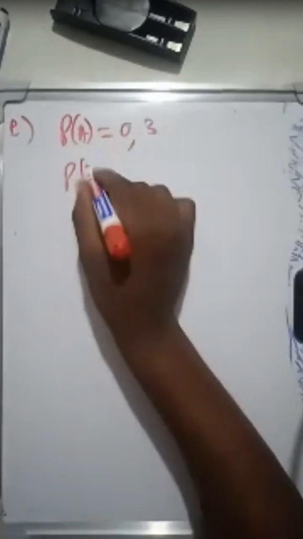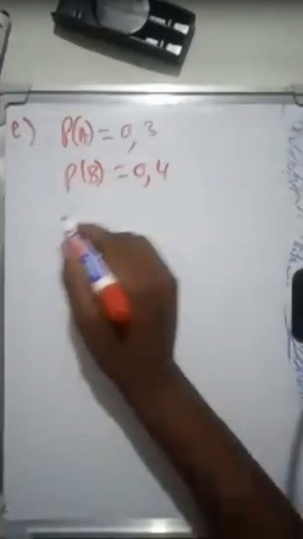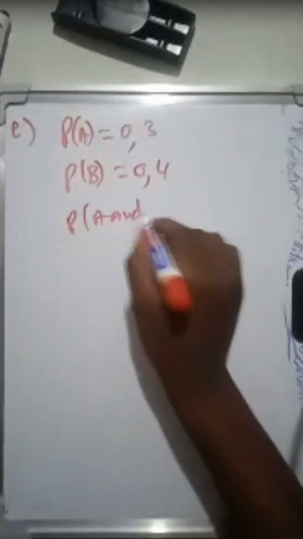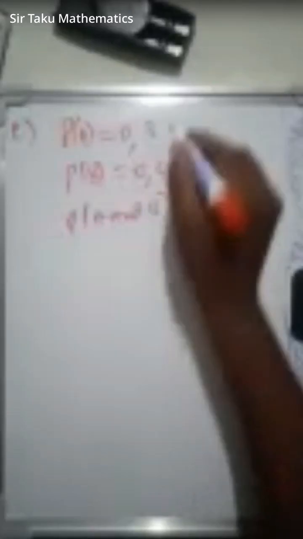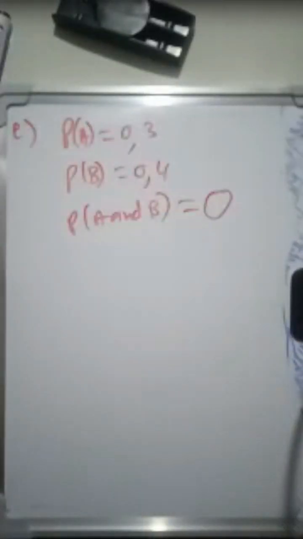Probability of B is equal to 0.4. So what is probability of A and B in this case? They say that these are mutually exclusive events. So what is the probability of A and B? I'm asking you guys, what is probability of A and B? 0. Remember that this is going to be 0 altogether.